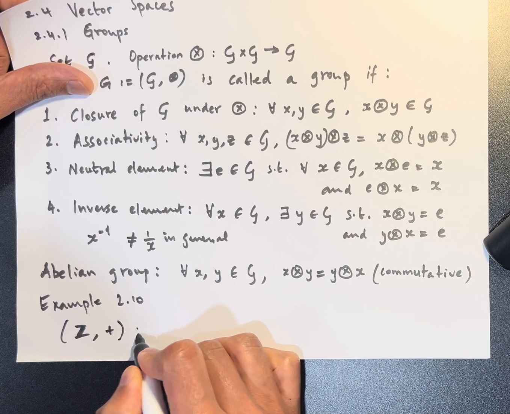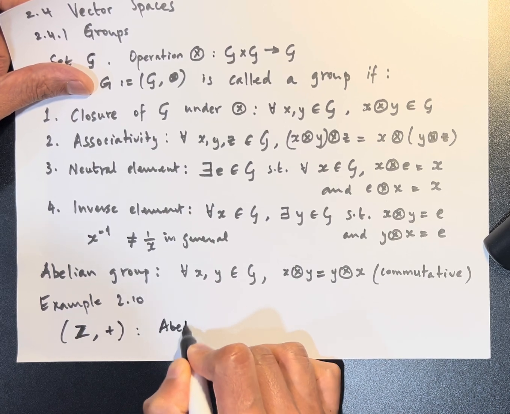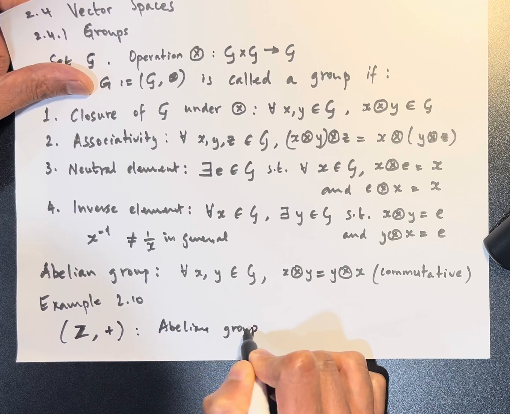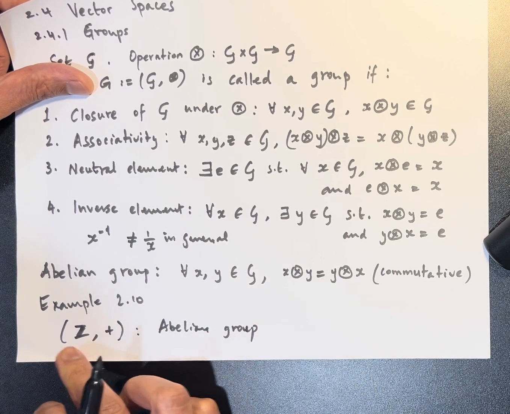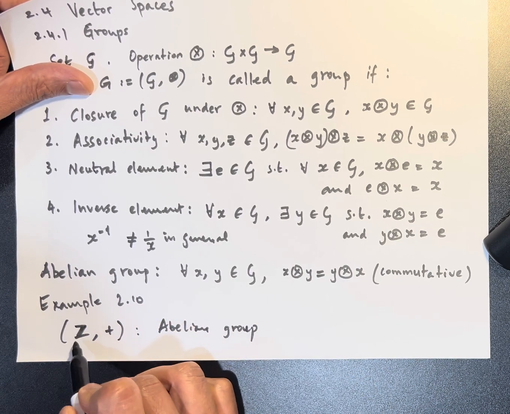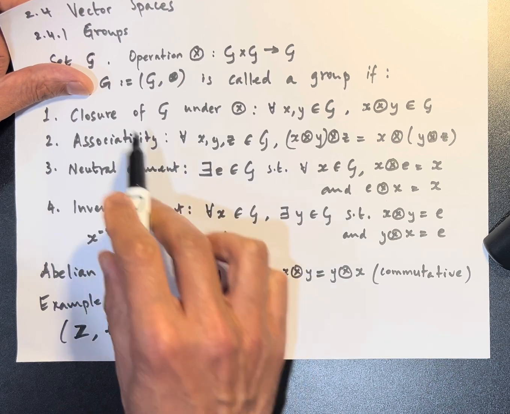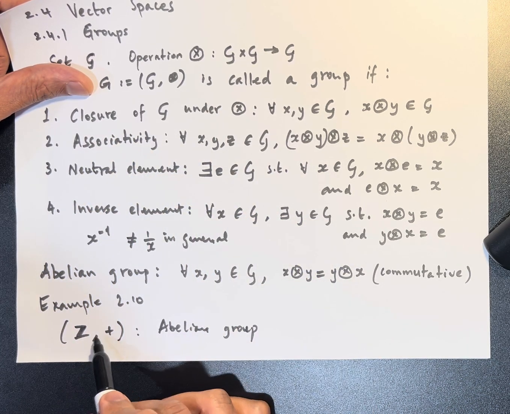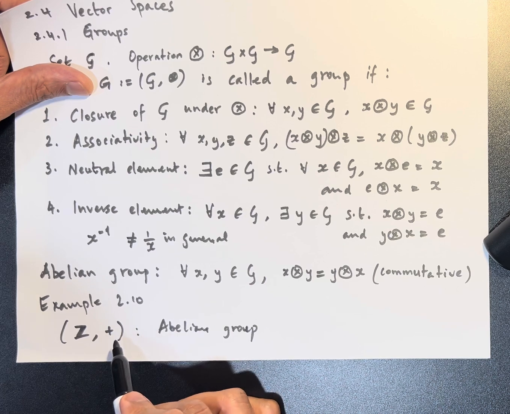This is an abelian group. Let's check closure. I take two integers and add them up, I get another integer, so closure is done. Associativity holds simply because addition is associative.